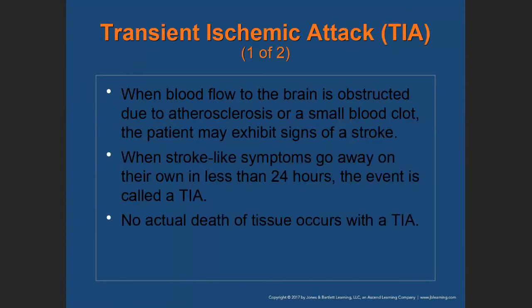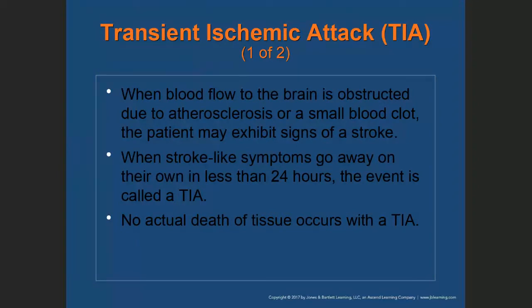All right, now let's look at a TIA, which is often referred to as a mini stroke. Transient ischemic attack. The word transient means passing through. So this is a temporary interruption of blood flow to the brain.